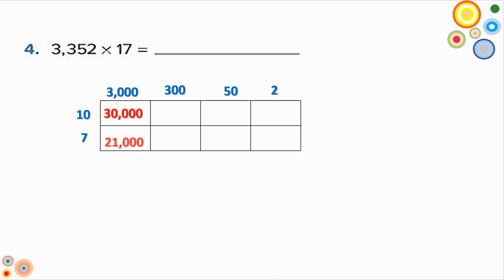The next one, 7 times 3,000. 7 times 3, 21. 1 times 3 equals 3, and 2 zeros from 300, and another 0 from 10. So 3 and 3 zeros.